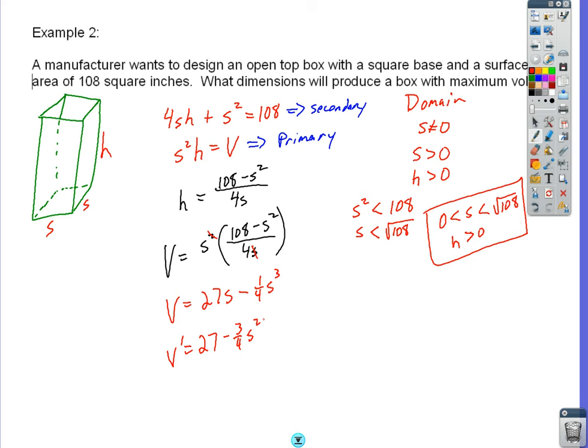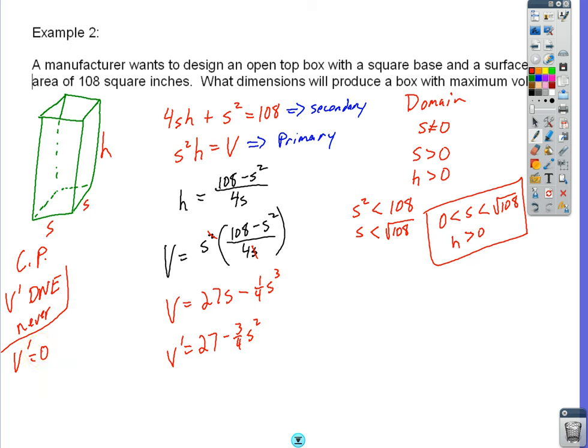Alright, so next I'm looking for my critical points. V prime does not exist nowhere, so never. I don't have to worry about that for critical points. What about v prime equaling 0?